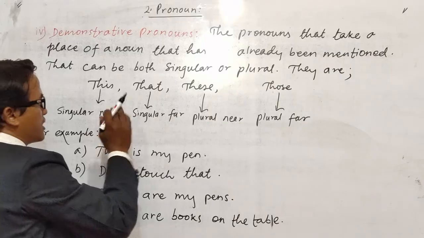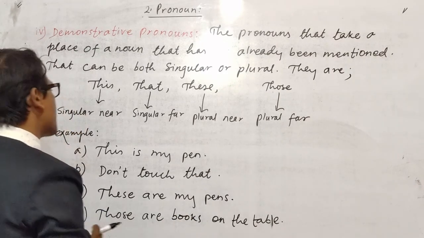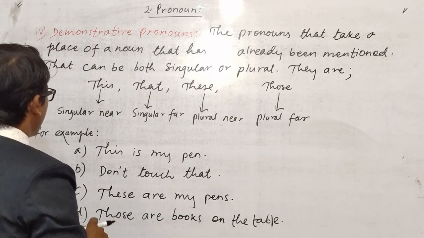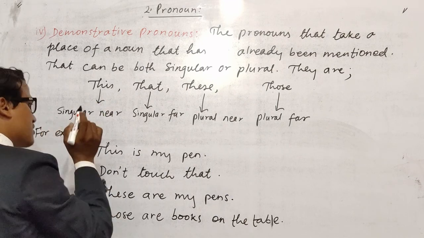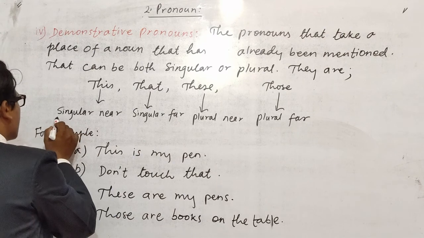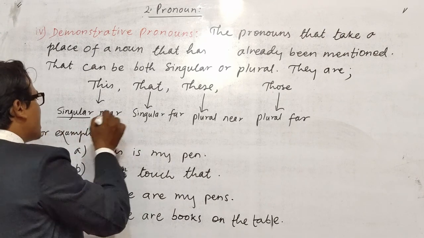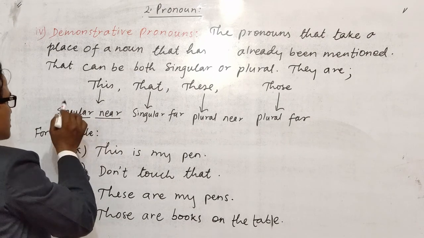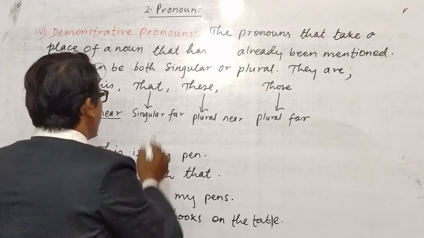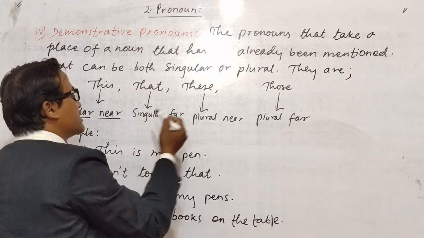So these are used in place of what? Nouns. So this is used for singular things which are near. Singular noun and they are near. This is used to show the thing, singular, near. That is also singular but far.